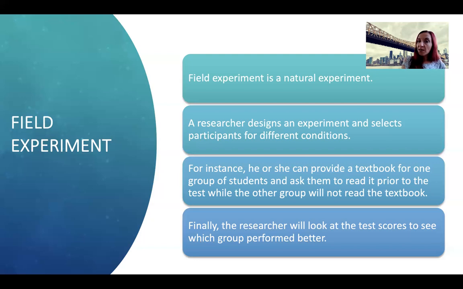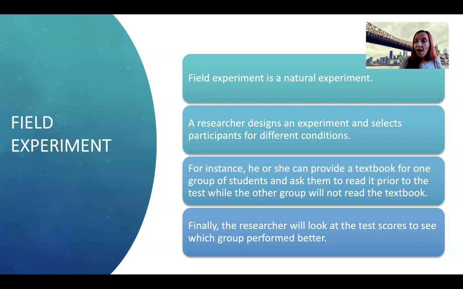In the case of ex post facto design, there is this assumption that the students who read the textbook actually scored better on the test. But in this case, we want to make sure that is really the reason. So for that reason, the professor provides a textbook for one group of students and another group of students does not receive the textbook.